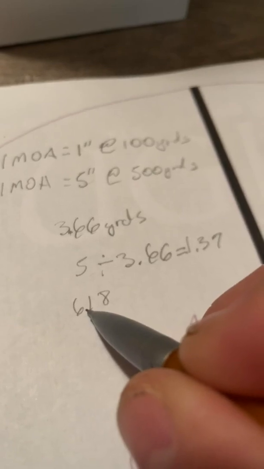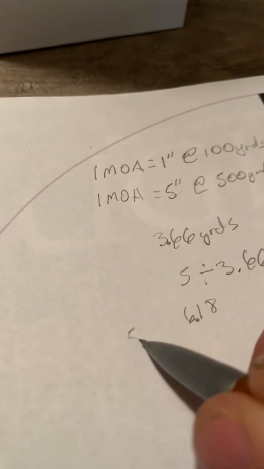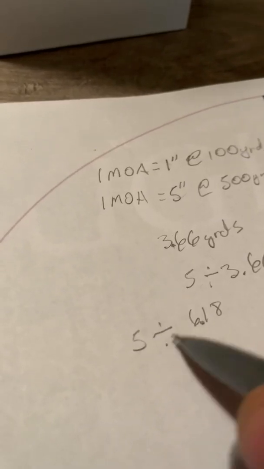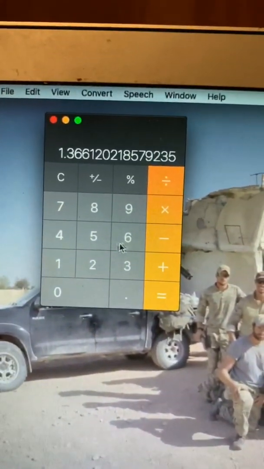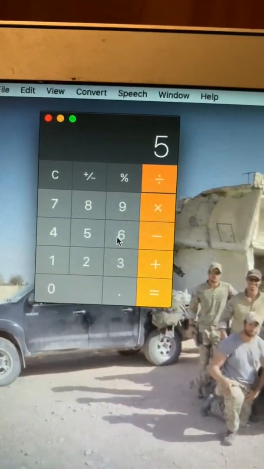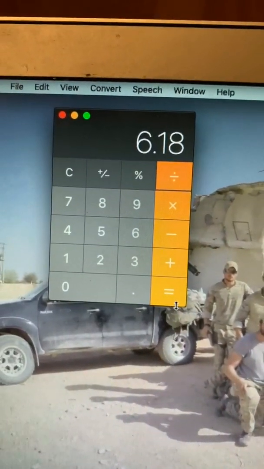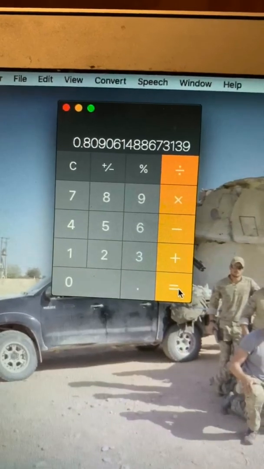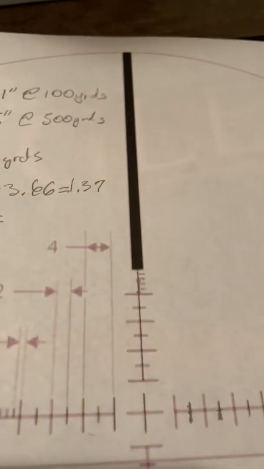So we take our decimal place over, and we're going to do 5 divided by 6.18 equals 0.809. So we're going to say 0.81.